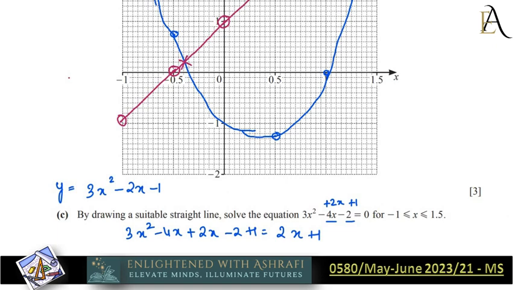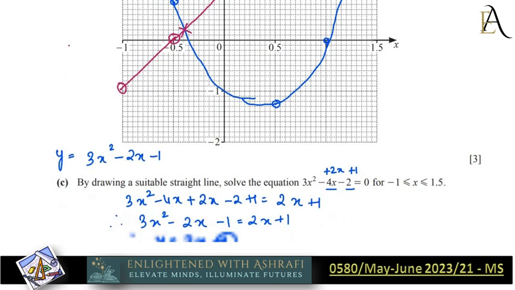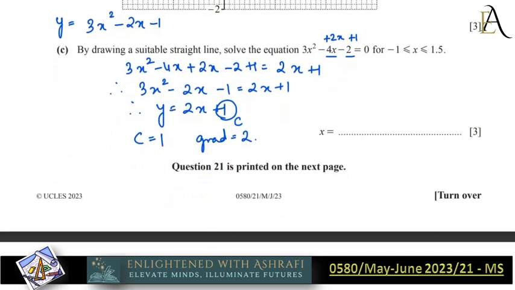Now my curves are not properly done, so my answer might vary, so it is going to come somewhere around minus 0.35 to minus 0.45.